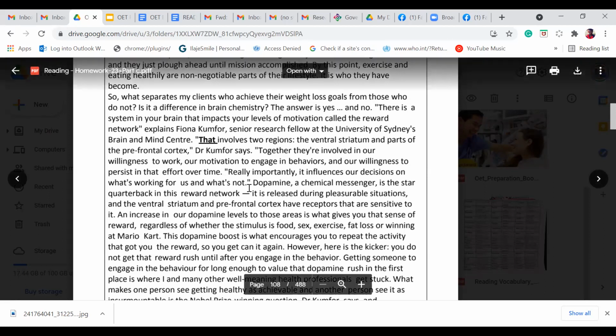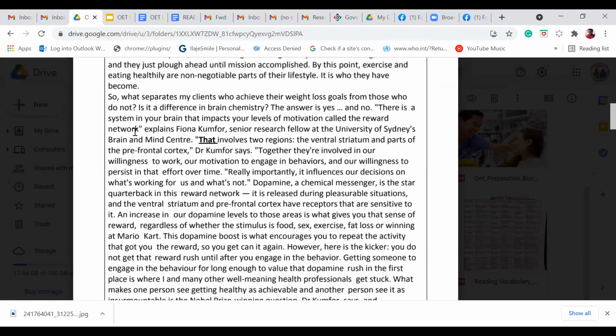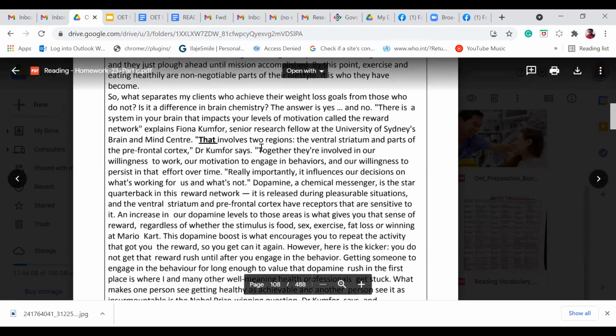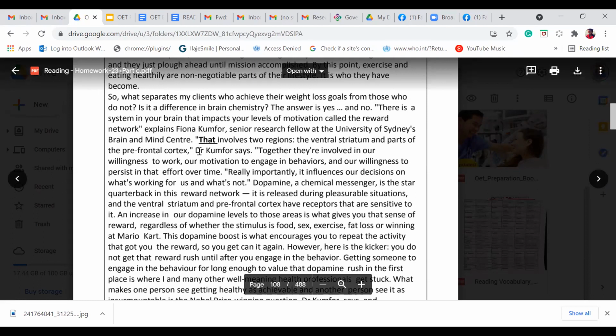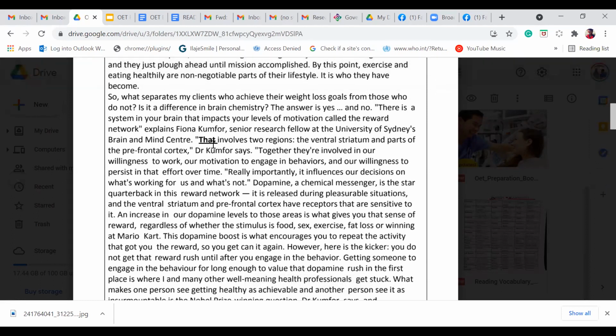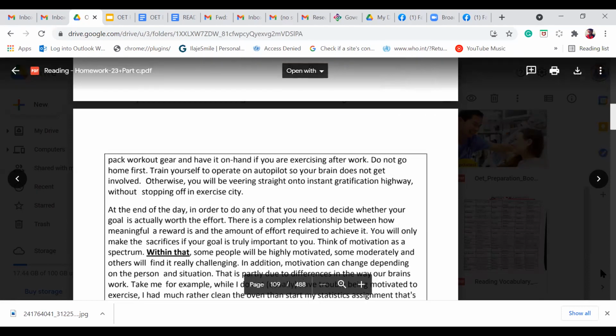Is it talking about the brain system? Remember I said there is a system in your brain, called the reward network, that involves two regions, the ventral striatum and part of the prefrontal cortex. What does this mean? Go to the option.